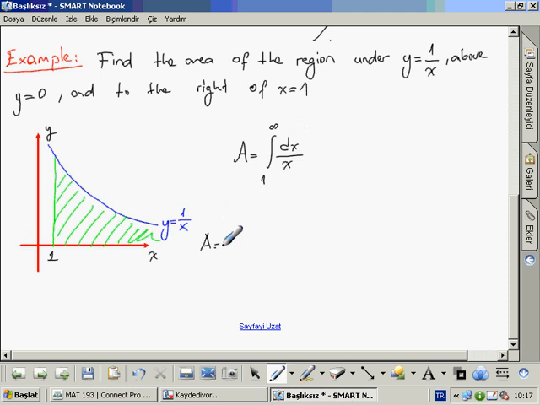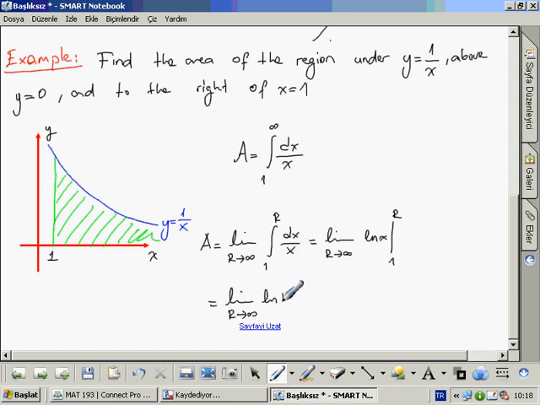So A equals the limit as r goes to infinity of the integral from 1 to r of dx over x, which equals the limit as r goes to infinity of ln x evaluated from 1 to r, which equals the limit as r goes to infinity of ln r.